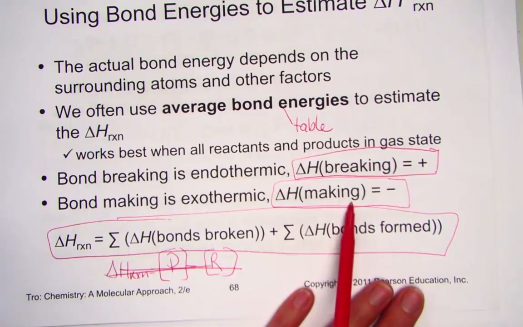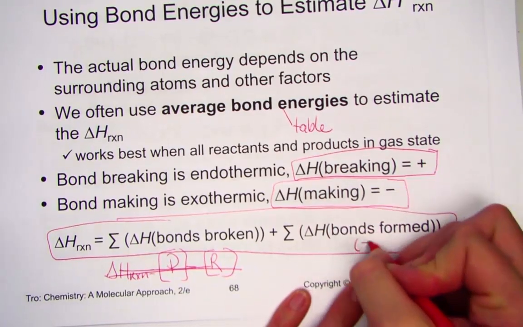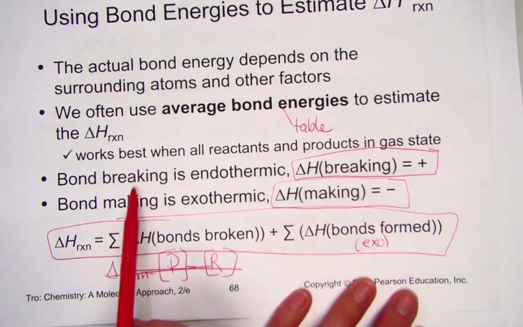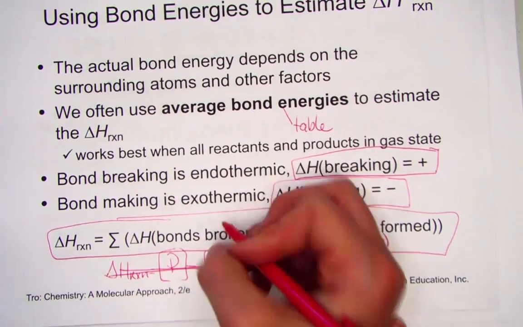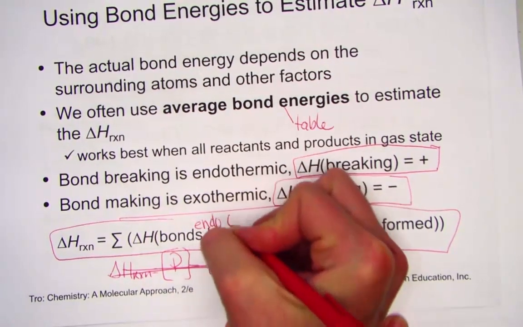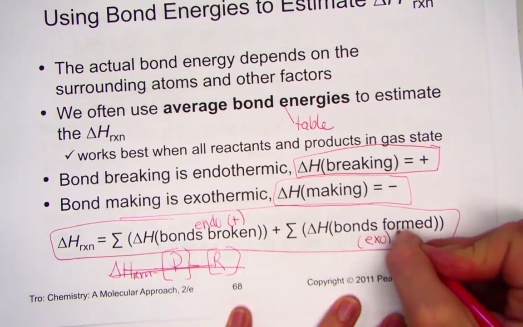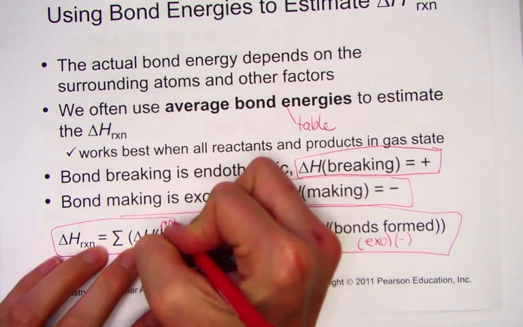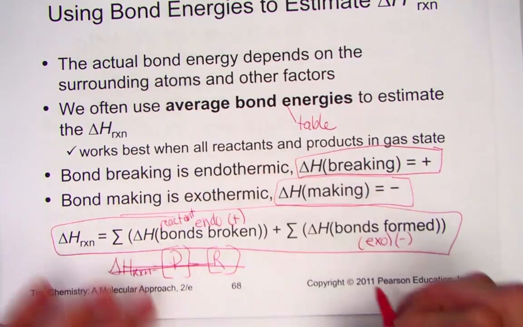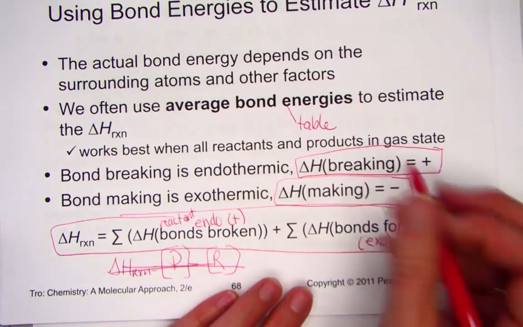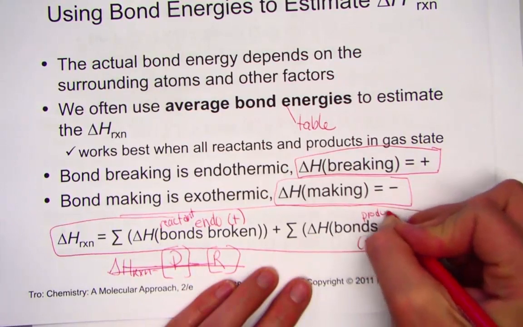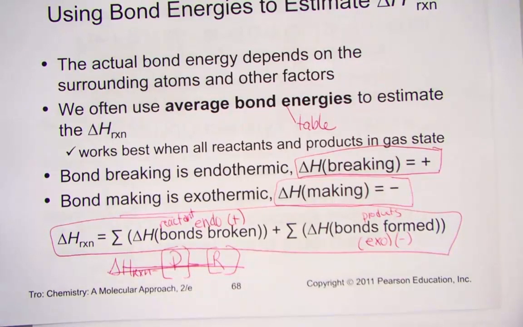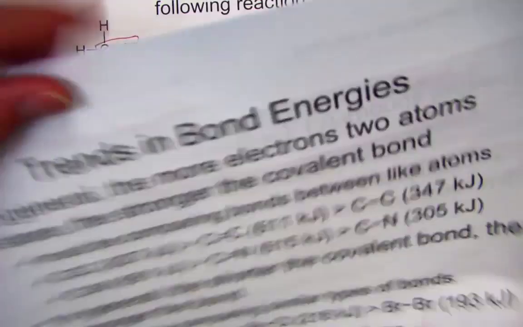Forming bonds is exothermic. Bond breaking is endothermic. Keep in mind when we read the charts, we'll have to make sure that if bonds are breaking on the reactant side, those are reported as positive numbers. Bonds forming on the product side will be reported as negative numbers. Let's take a model problem. Oh, we'll do that in a minute.